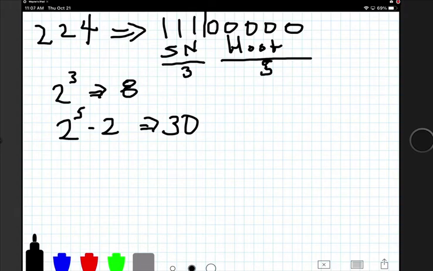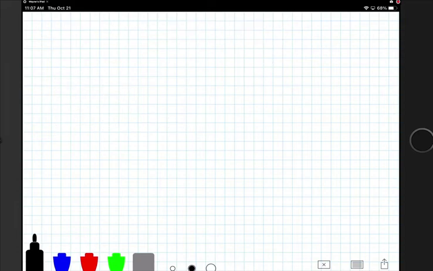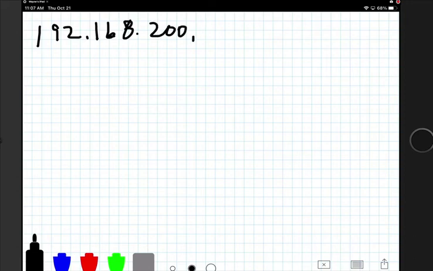Now, if we look at the last 4 questions, this is very similar to the beginning network math problems I give you. We have the IP address 192.168.200.139.